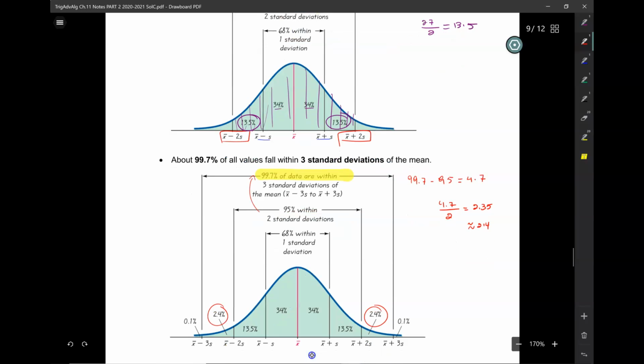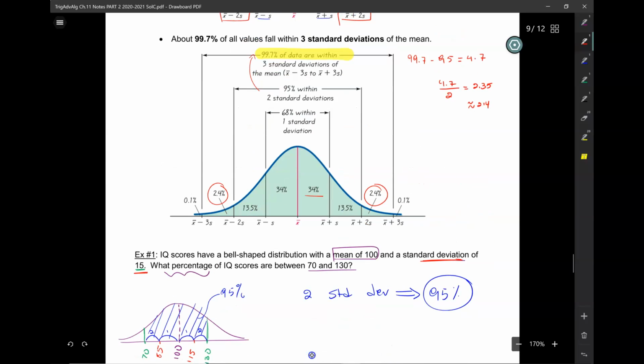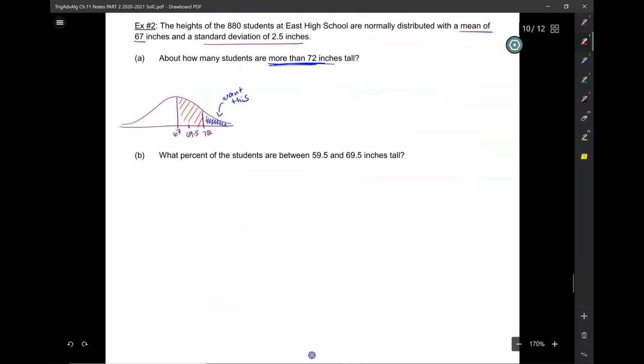So it's just 34 and 13.5, right? This is 34 and then 13.5. So this together is how much? 47.5, right?